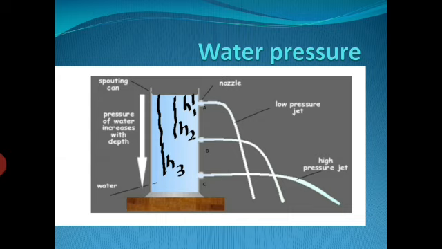Going toward opening C, the height from the uppermost layer to opening C is H3, and you can see more water is there, height is more, so that is why the pressure of water is also more at opening C. We can say now that pressure of water increases with depth.